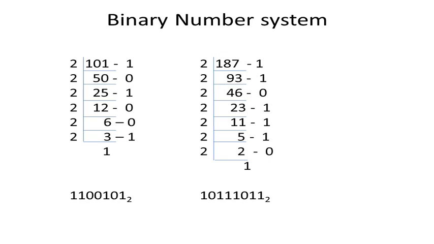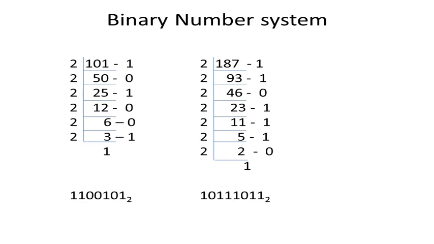You have to divide 101 by 2. In any number system, when we are converting from decimal to that number system, you have to divide the decimal number by the base you are asked to convert to. When we are converting decimal to binary, the binary base is 2, therefore you have to divide the decimal number by 2.